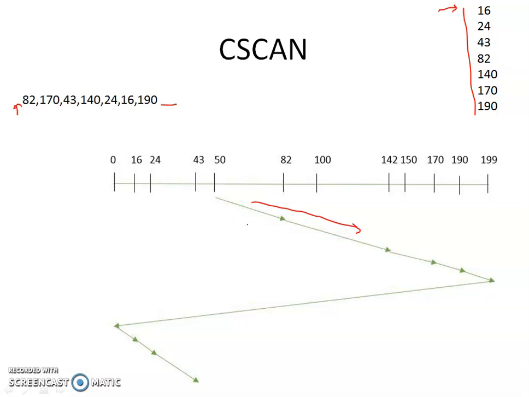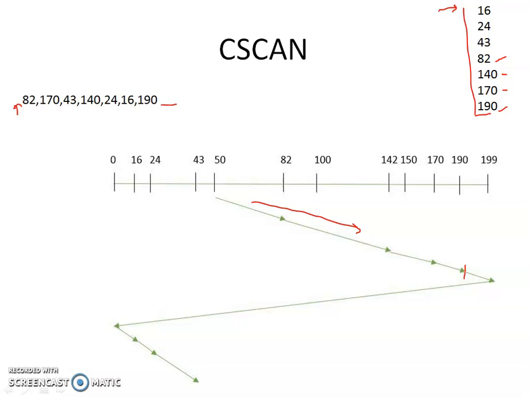Okay, so in such a case, for higher addresses, the first seek time here is made as 199. Why? While processing the requests it stops here at 190. From 50, 82, 140, 170, 190 will be processed, and after processing the requests it needs to return in order to process the lower addresses.